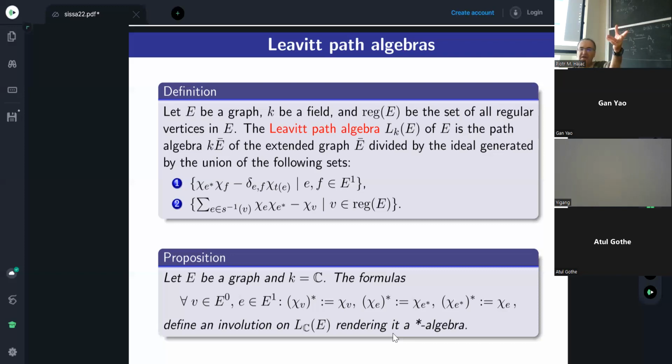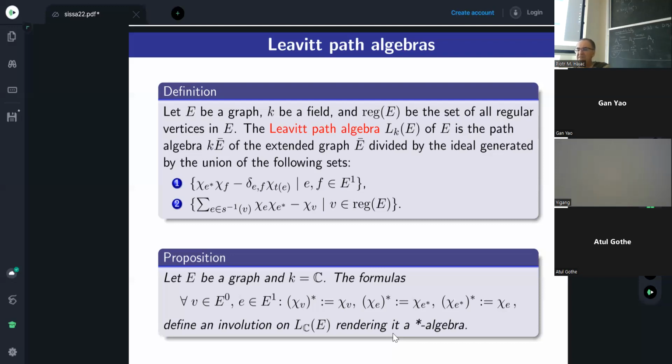All your vertices are orthogonal idempotents, and a vertex times an edge is equal to 0 if it's not the beginning. If you multiply from the other side, it's 0 if it's not the end, and it's this edge if it is the end, and so on. I mean, the usual things. So you can very easily write down the path algebra as the universal algebra given by generators and relations.